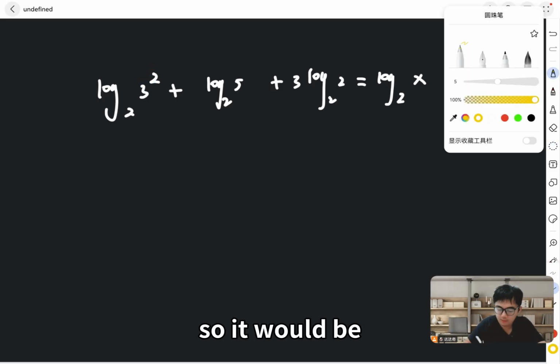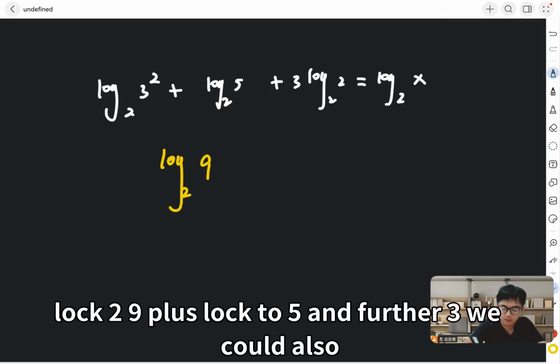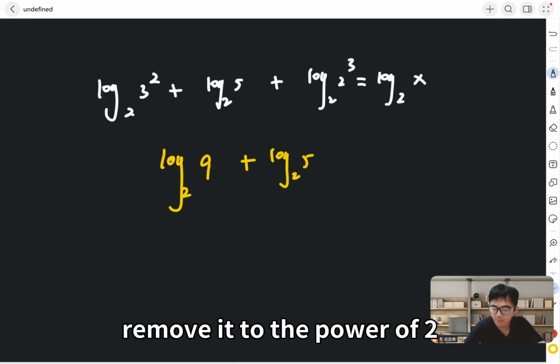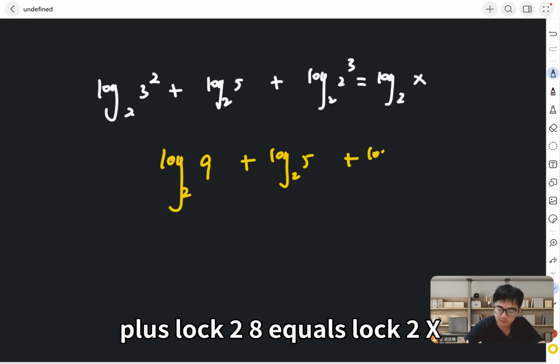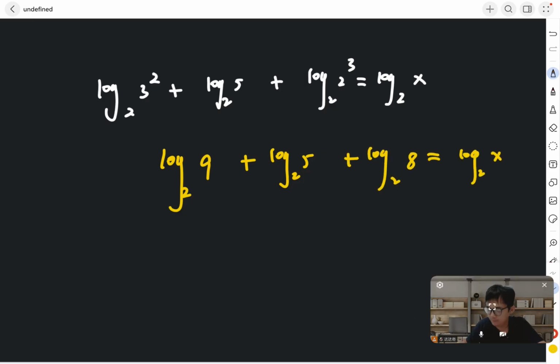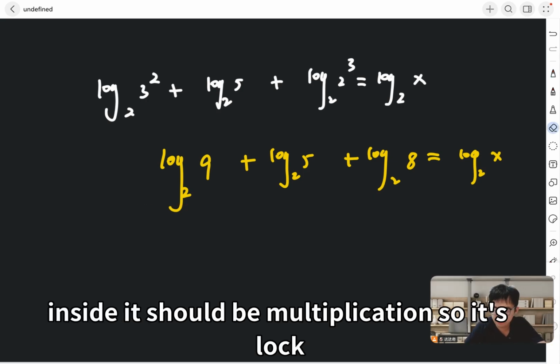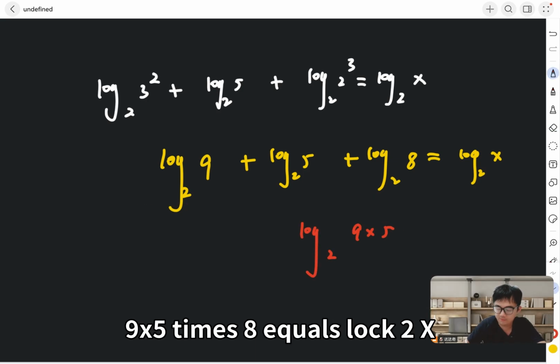So it would be log 2 of 9 plus log 2 of 5, and for the 3 we could also move it to the power, plus log 2 of 8, equals log 2 of x. And outside it's addition, inside it should be multiplication, so it's log of 9 times 5 times 8 equals log of x.